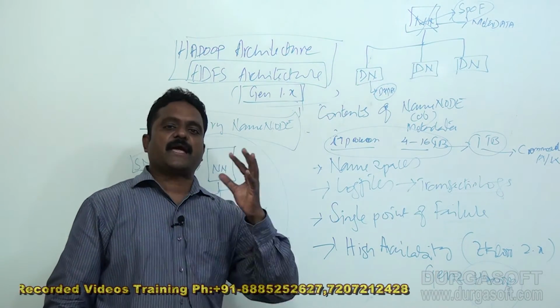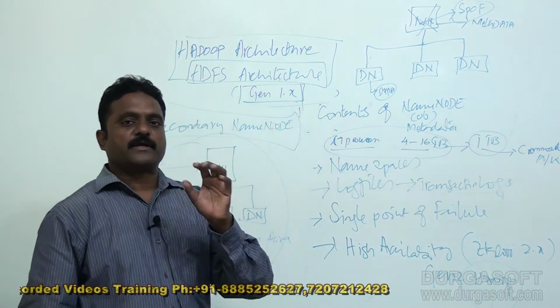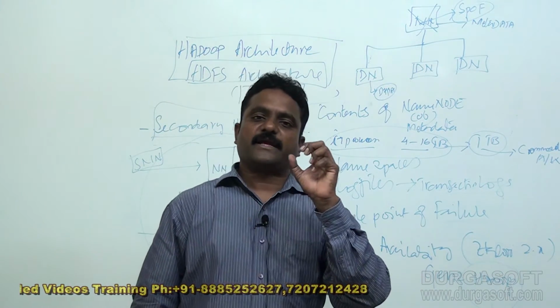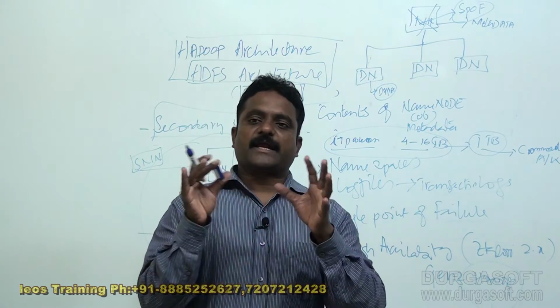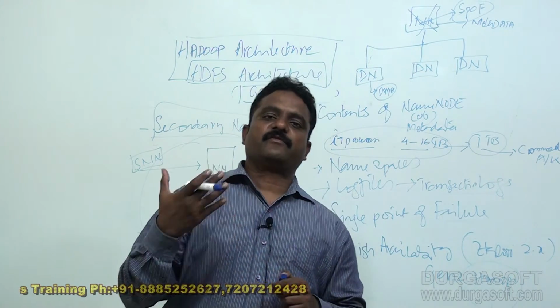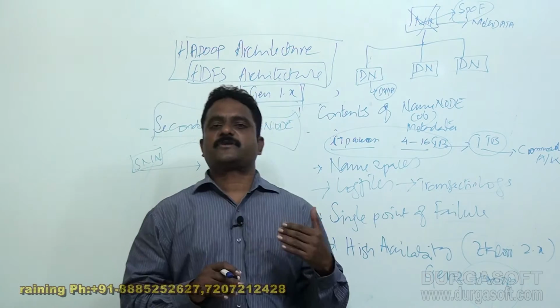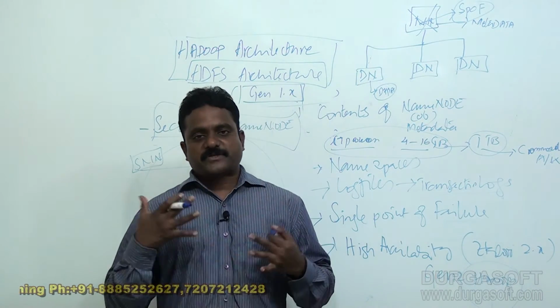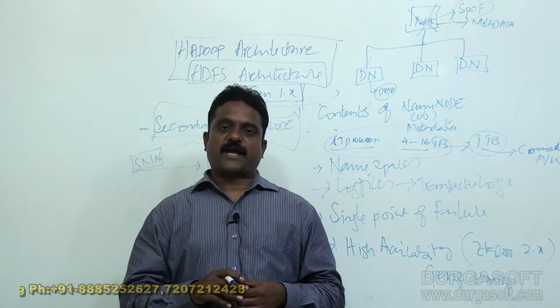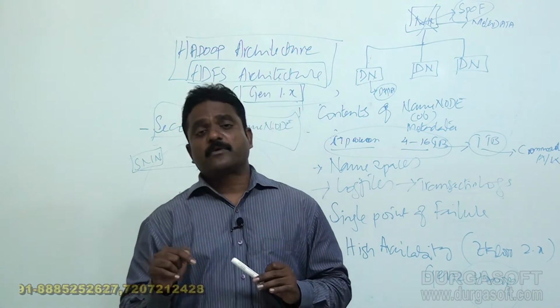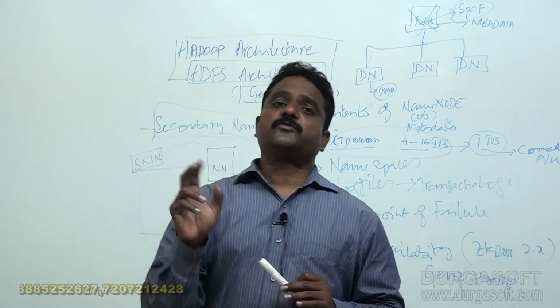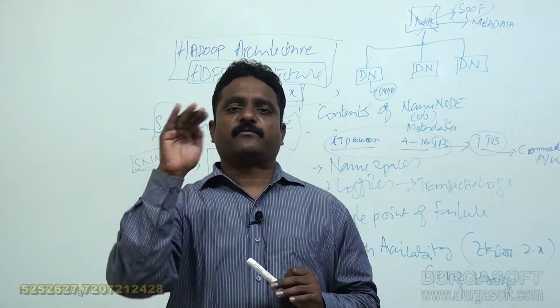Now if something happens to the name node, we have to understand what information you have on it: all the information about the cluster, and about the folders and the files. The name node would have its information in two places, one is the RAM, the main memory, and the other is the hard disk.